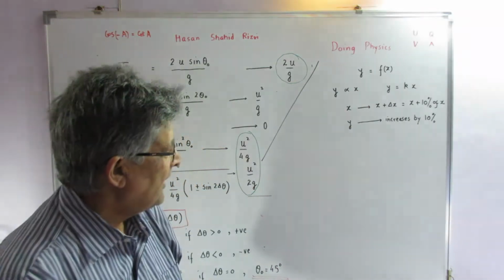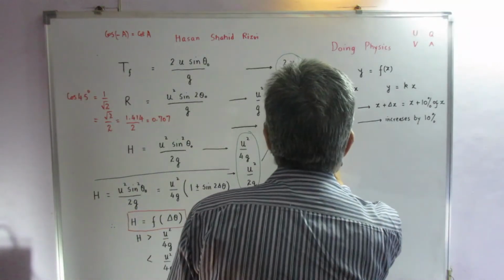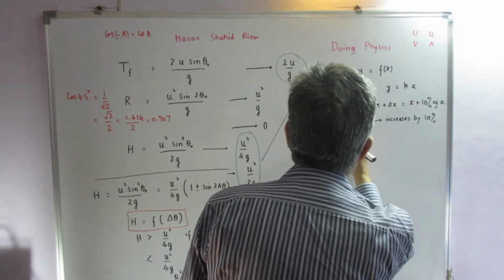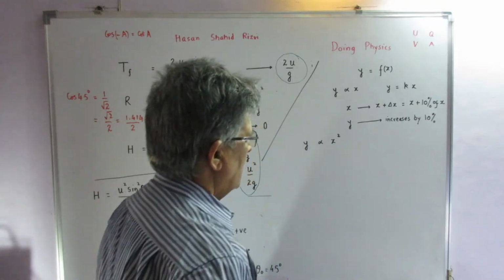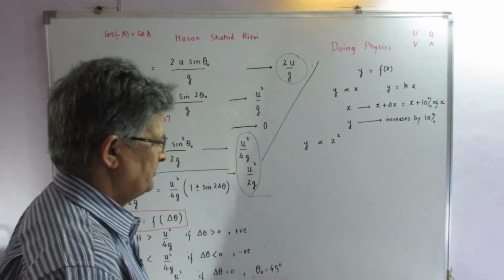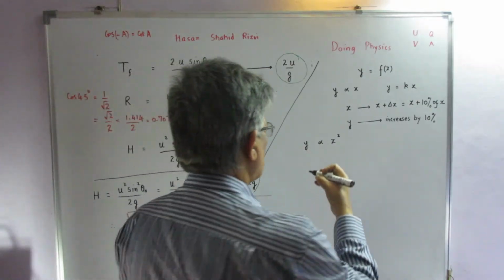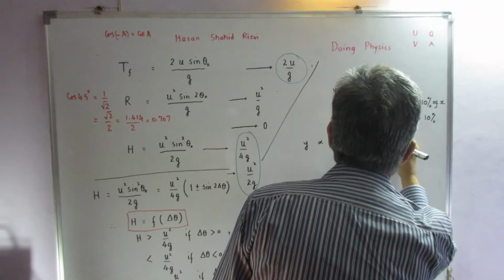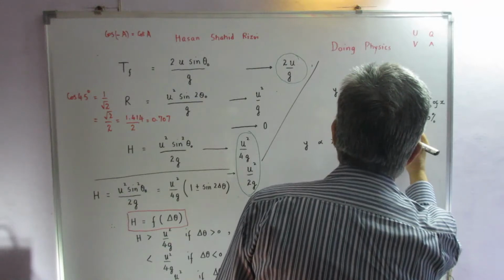But if y is proportional to x square, now it is the square term. So y is equal to again some constant times x square.